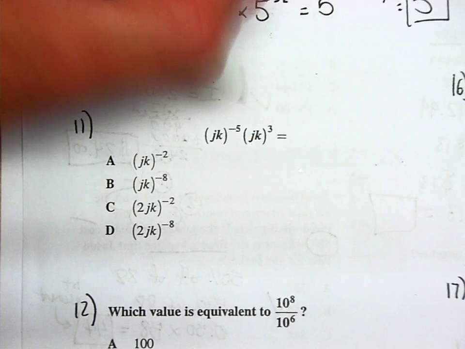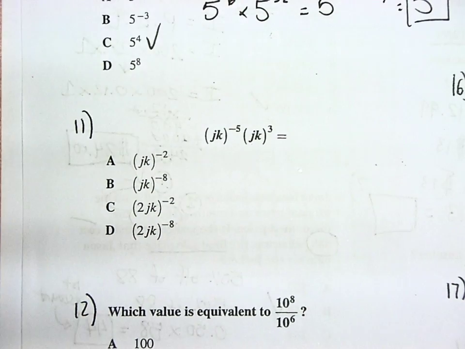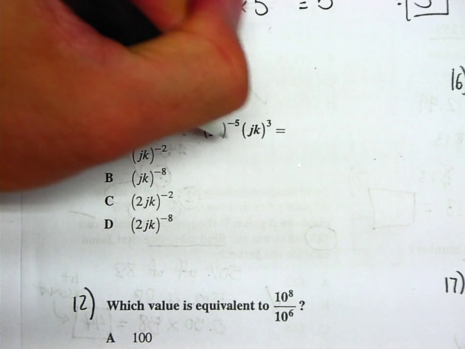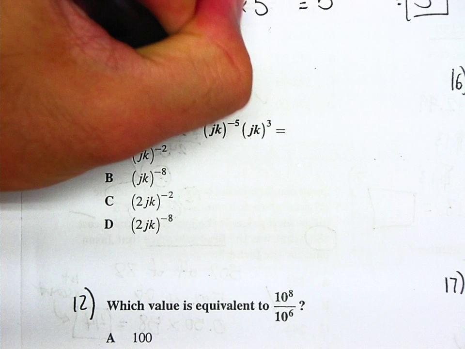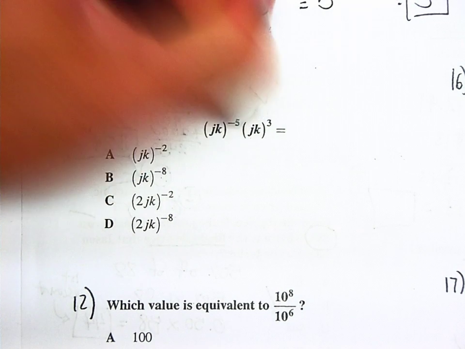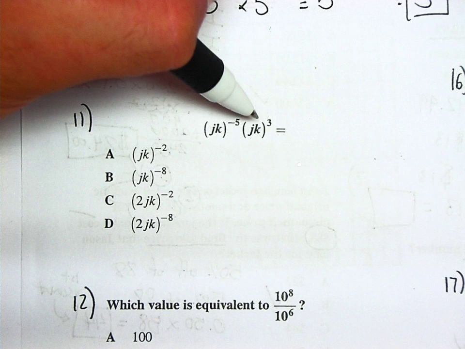First, starting with question 11, it says jk to the negative fifth times jk to the third. There's a couple ways I could approach this problem, but the simplest way that I can see is using the product of powers rule. I have one base of jk to the negative fifth times another power with jk as the base.